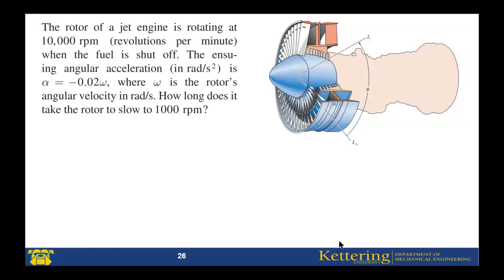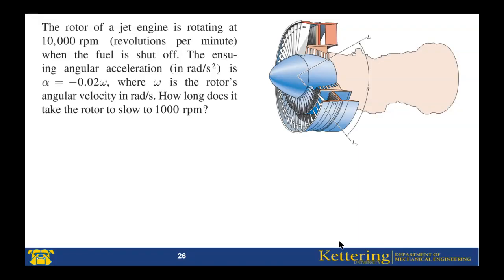One example is an application in aerospace. This is a rotor of a jet engine. We consider this as a rigid body. It is rotating at 10,000 RPM, revolutions per minute.